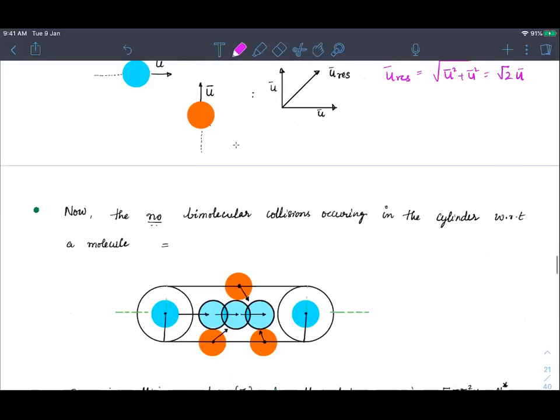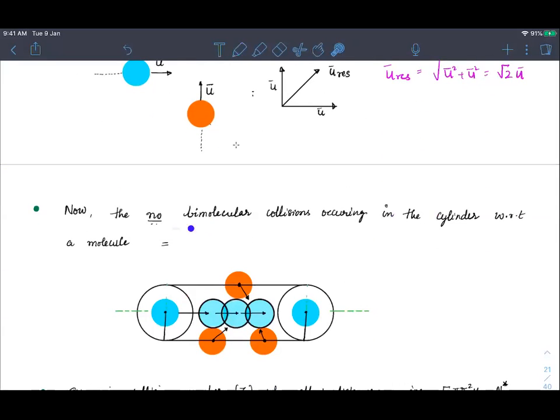Okay. So now, the number of bimolecular collisions in the cylinder with respect to a molecule, considering now these particles are moving inside, earlier we thought that these red particles were not moving. Now imagine if they were also moving, the average speed of these particles changes.